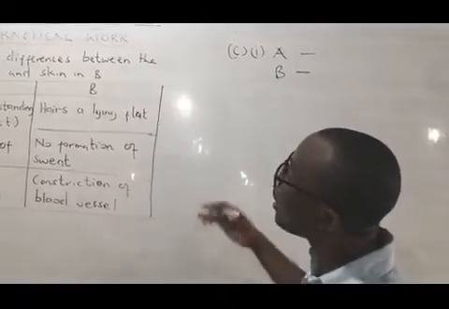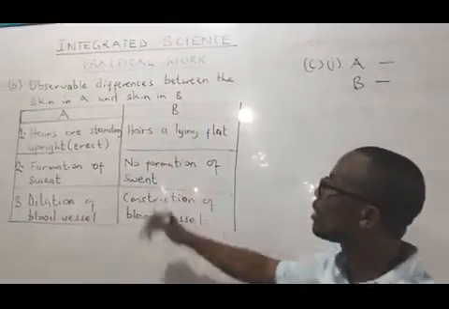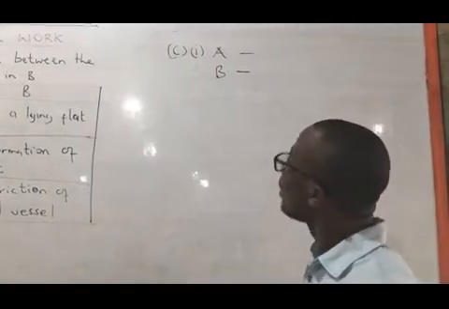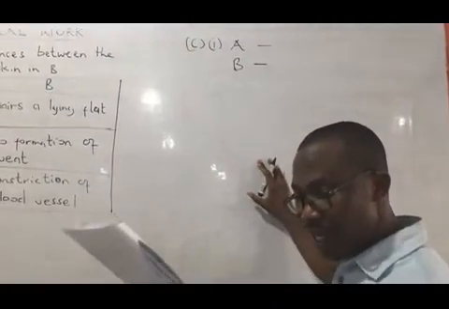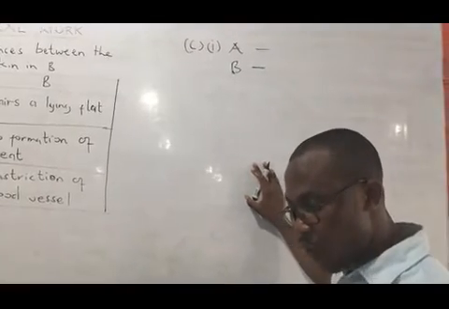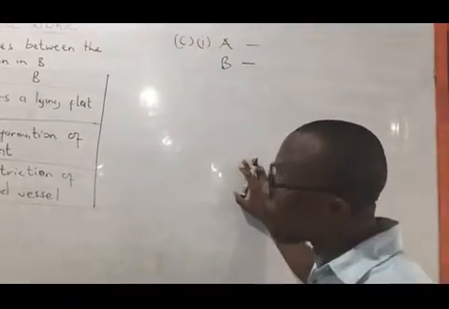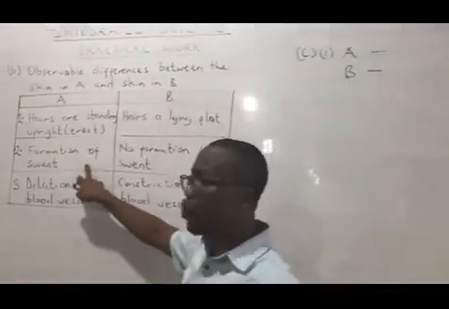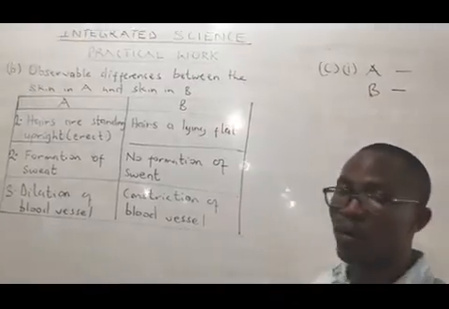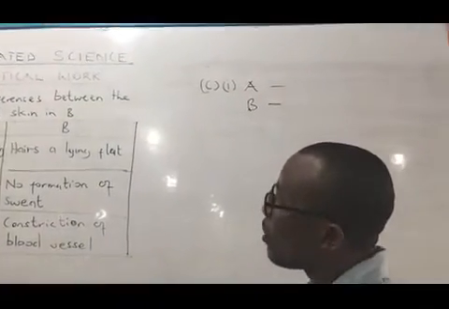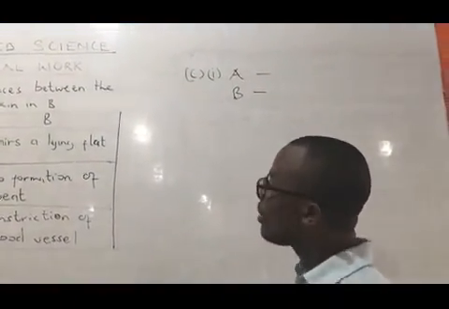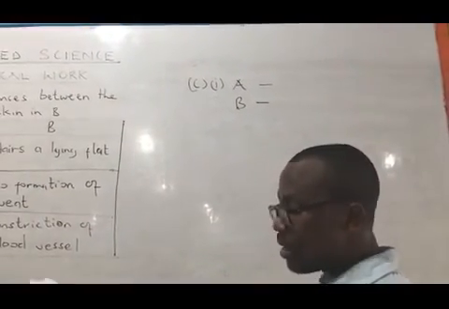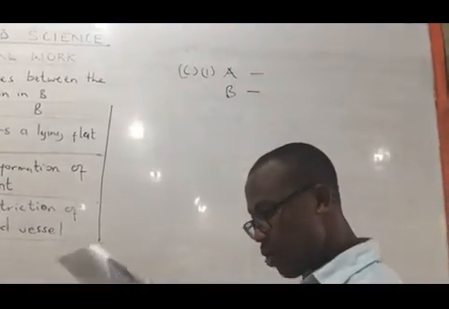From the underlying features or characteristics for A and B, what is observed in A is for hot weather. Even from the fact that there is formation of sweat, it indicates that the weather was hot. So A is for hot weather, and B, since there was no formation of sweat, it means that the weather was cool.